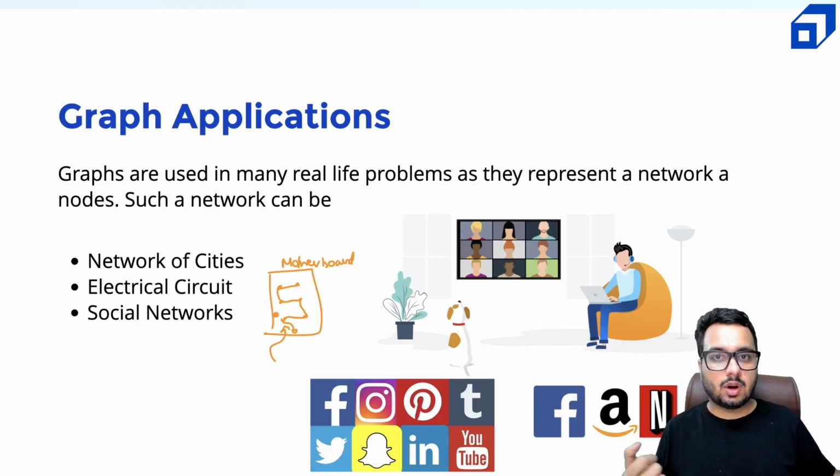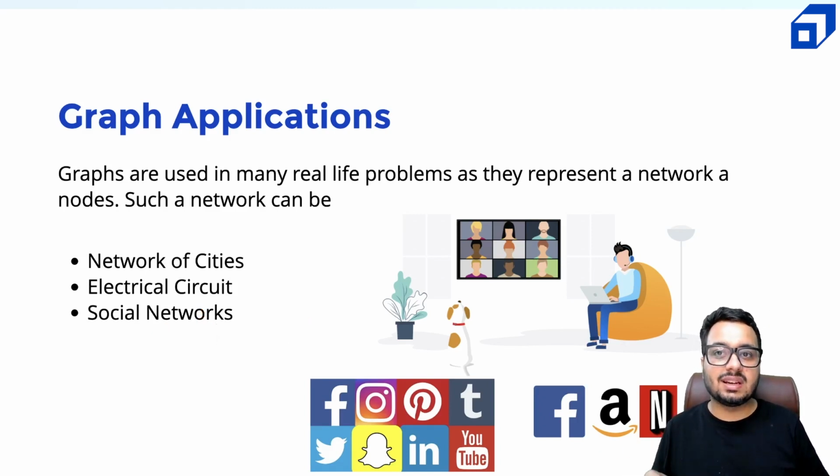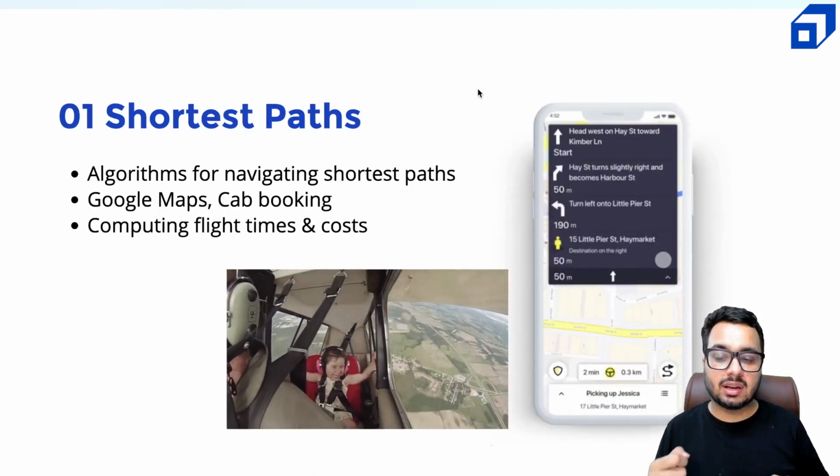Because it is copper wiring, it can be expensive. A graph algorithm can be used here to minimize the total length of the wire that can be used to connect all the components in this circuit. And of course, social media networks, we have just discussed that Facebook, Twitter, LinkedIn, all these networks can represent graphs. So let us go into the applications in a little more detail.